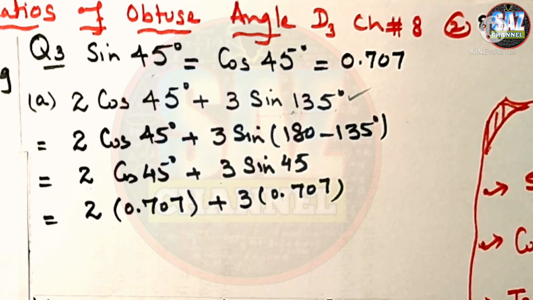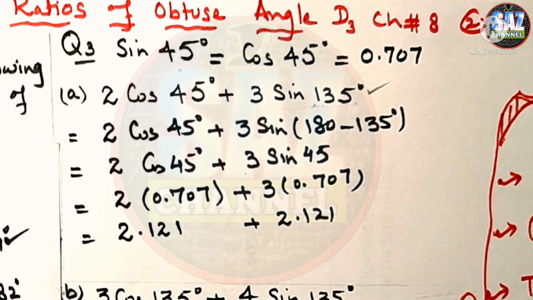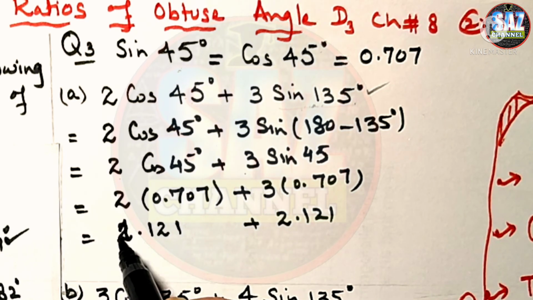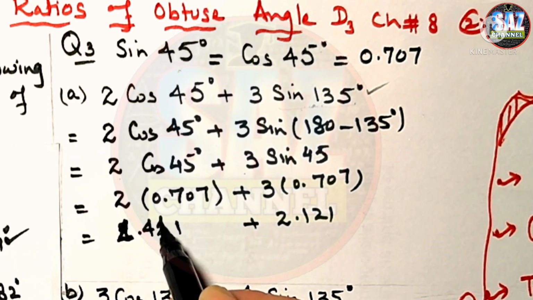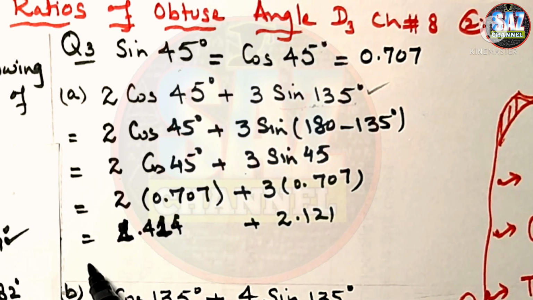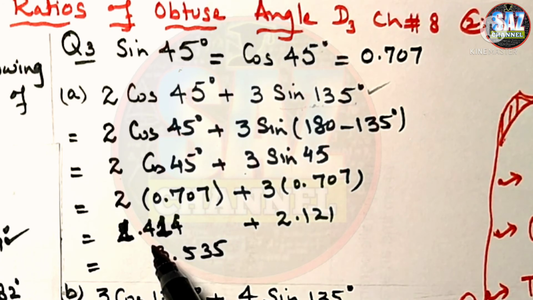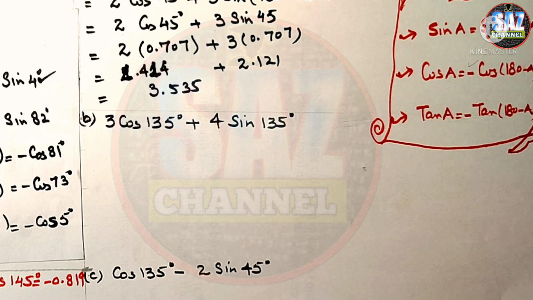Let me hold the calculator. 2 multiplied by 0.707 gives me 1.414, and 3 multiplied by 0.707 is 2.121. Adding 2.121 plus 1.414 gives me 3.535. I hope you are clear about this, and let's move to the second part.